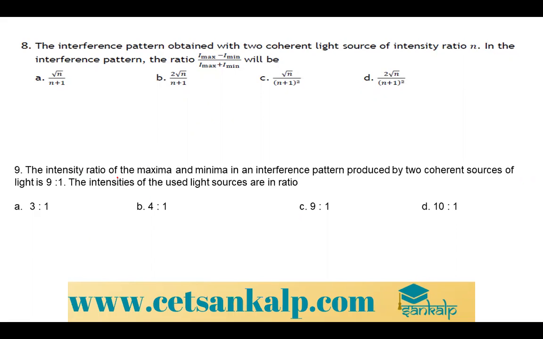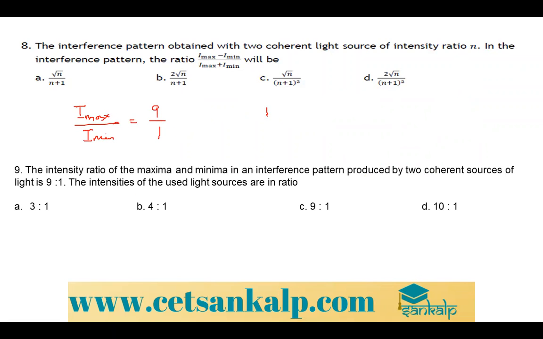The intensity ratio of maximum and minimum in an interference pattern produced by two coherent sources of light is 9:1. So you can say that I max divided by I minimum is equal to 9 by 1.